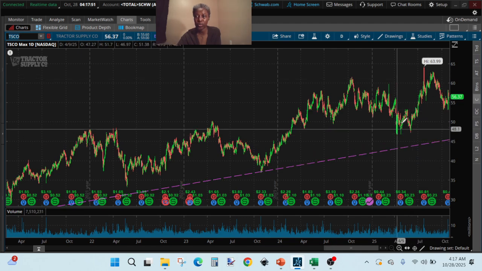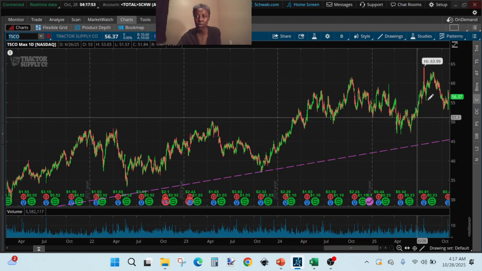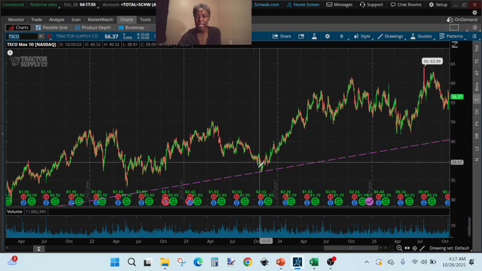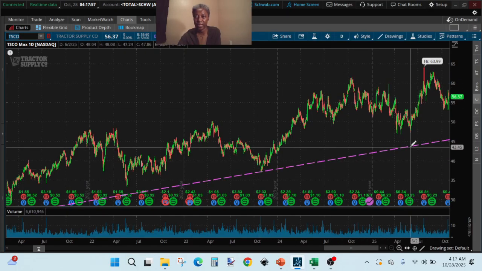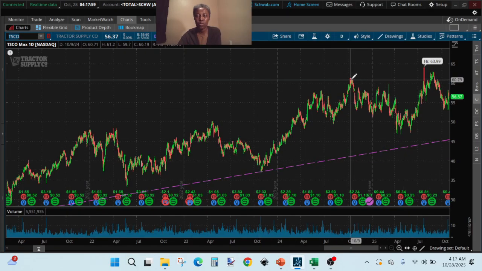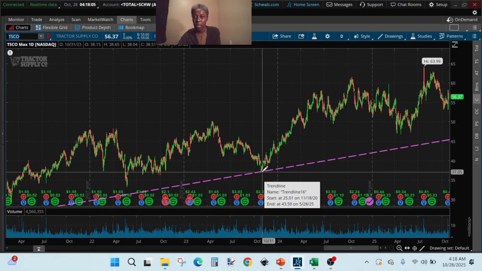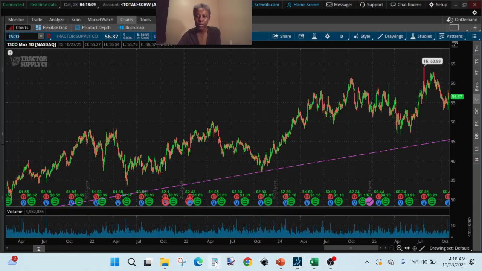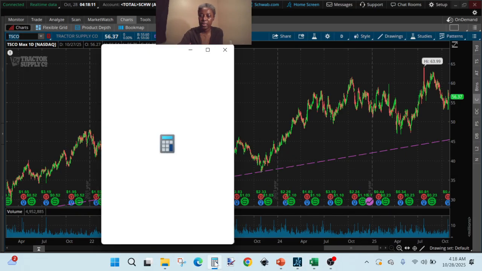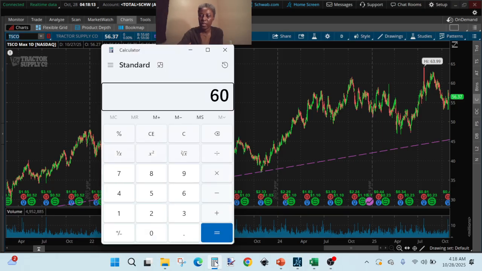If we assume this is another cycle that started here, then the cycle was like this. The highest peak is about $60, and the lowest valley is 37. So when we take $60 divided by 37, it gives us a ratio of 1.6.